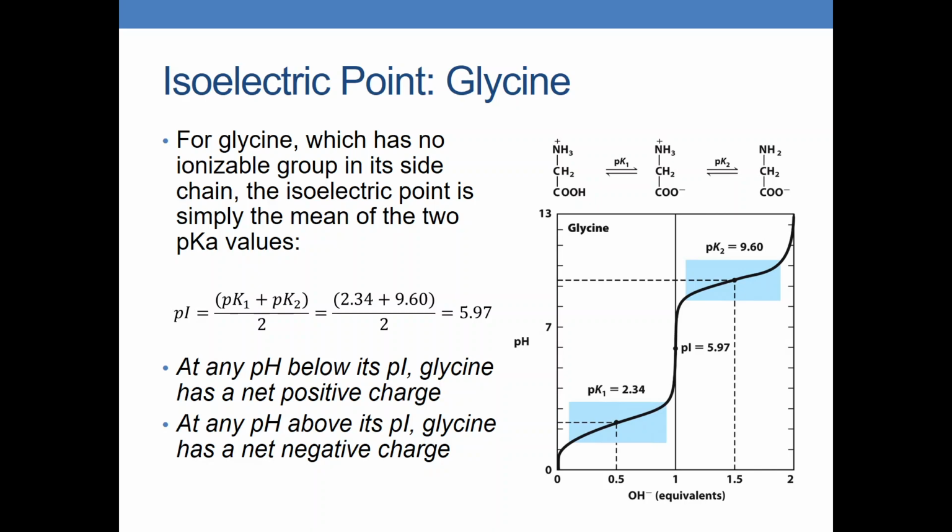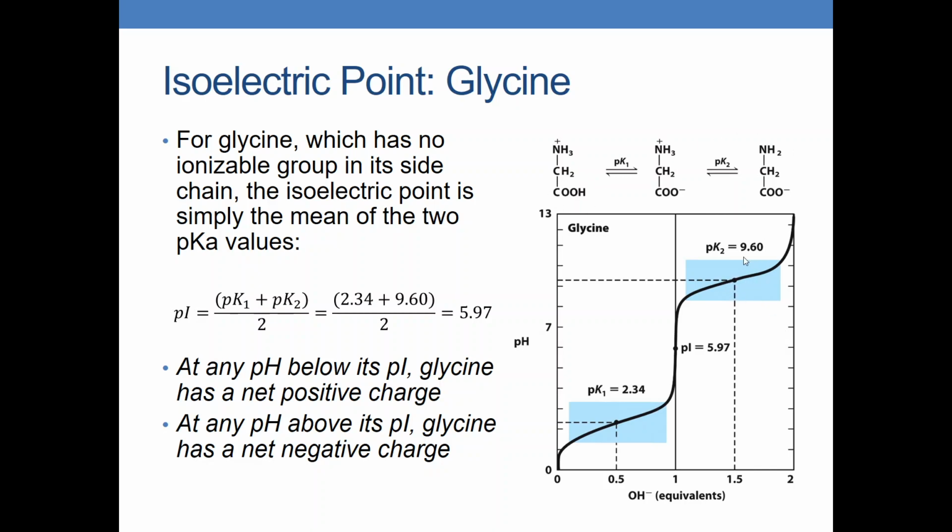If I know just back of envelope rough numbers that the pKa for my alpha amino group is about 9.5 and the pKa for my alpha carboxylic acid is about 2, then as I look at the data, I can make educated guesses about which of these stages corresponds to which functional group. The first one, because this occurs at a pH of 2.34, I can reasonably say, oh yeah, that's probably my alpha carboxylic acid.